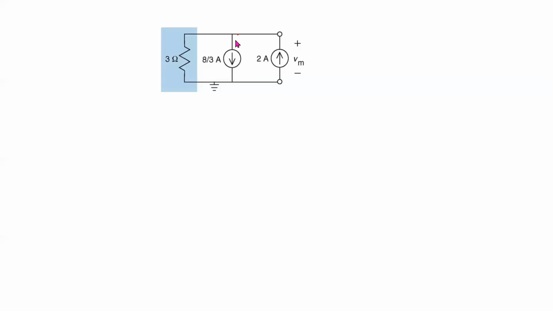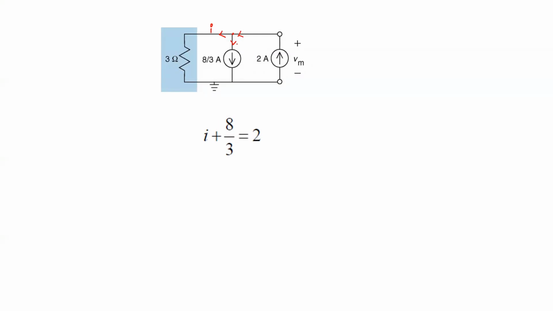There are 3 currents: one is entering, one is leaving, and we can assume a current is leaving the node. I have assumed this current as I. Apply KCL at this node: incoming currents equal outgoing currents. So the outgoing currents are I plus 8 by 3, which equals 2.